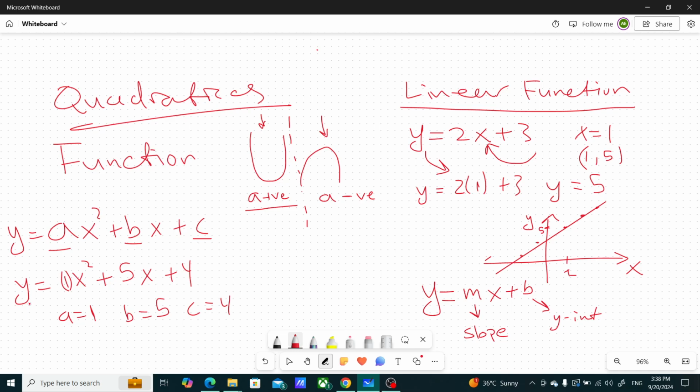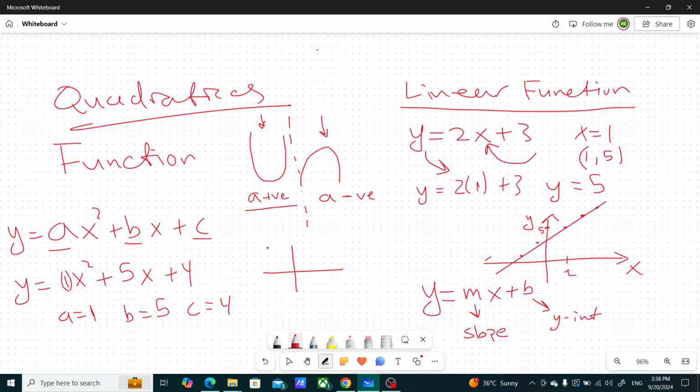So from my equation, I know the first piece of information: my parabola is going to open upwards, because my a is 1, which is a positive number.